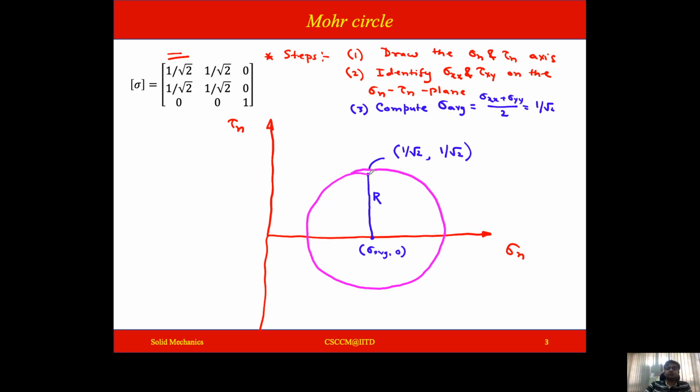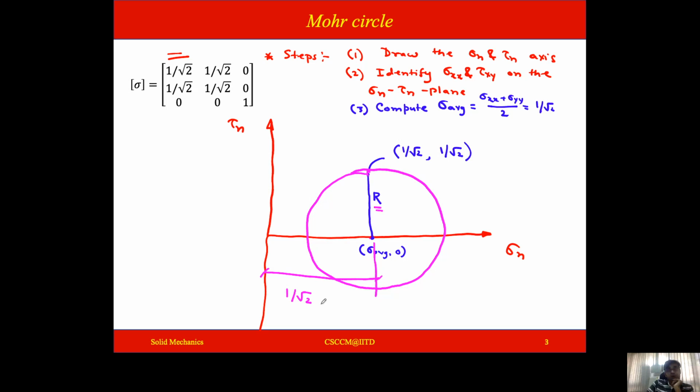So let us say this is my Mohr circle, right? So this is R, as you can see. This is sigma average comma 0. So now what is the value of sigma average comma 0? This value is 1 by root 2, right?